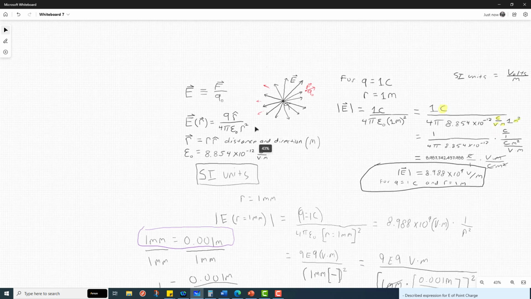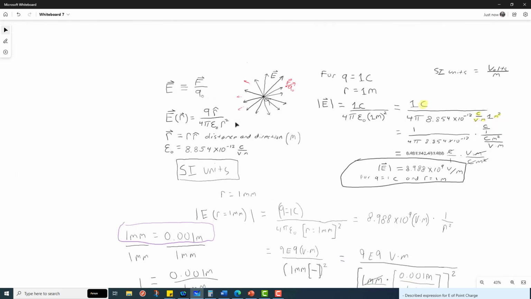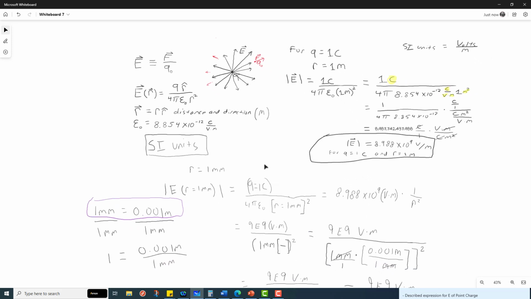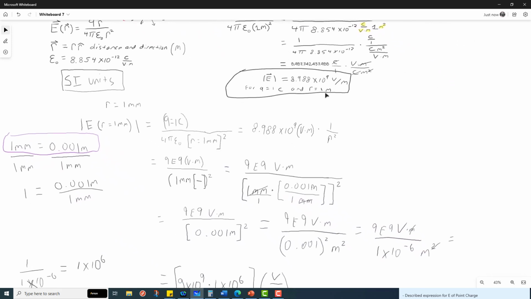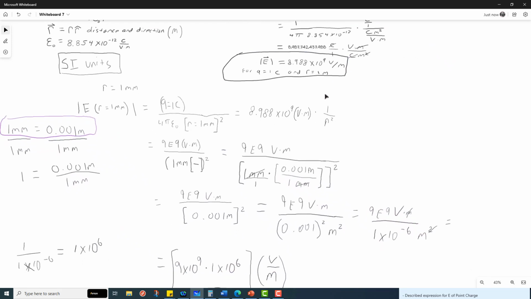And the same can be said for looking at distances that are very far away. As you start to approach infinity in r, you can see how this number is going to get smaller and smaller, and eventually it approaches 0. So that's consistent with these two calculations. 1 meter is fairly far away, relatively speaking, compared to 1 millimeter.